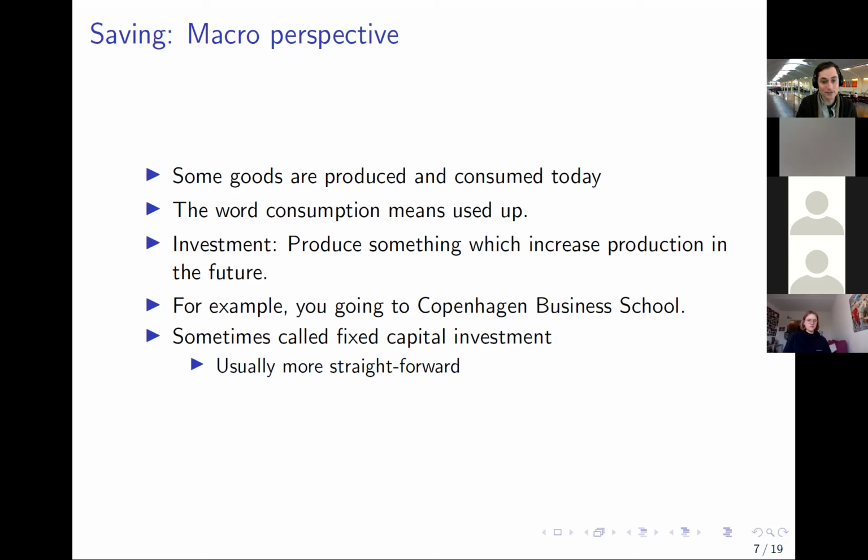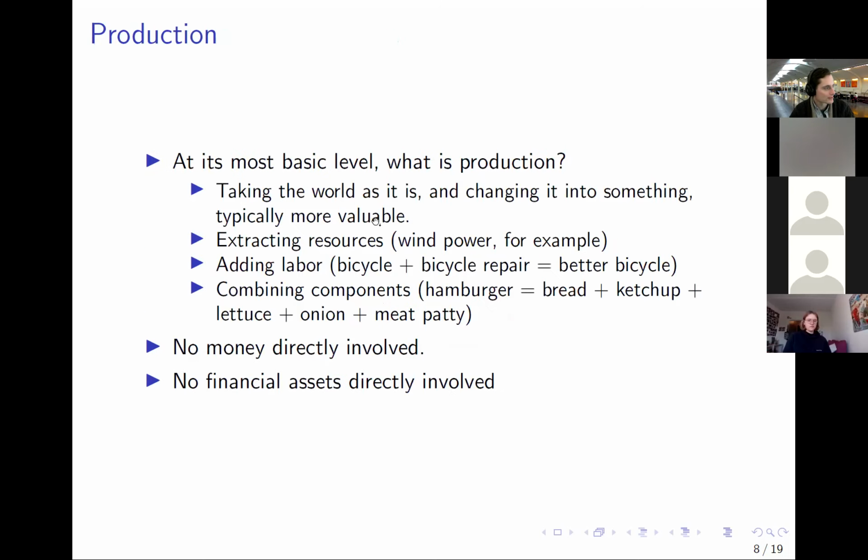So that net is an investment, is the idea. Sometimes that sort of investment is called fixed capital investment to differentiate it from financial investment. And I think about that as the macroeconomics way of looking at savings and investment. It doesn't have anything to do with money, for example, or interest rates.